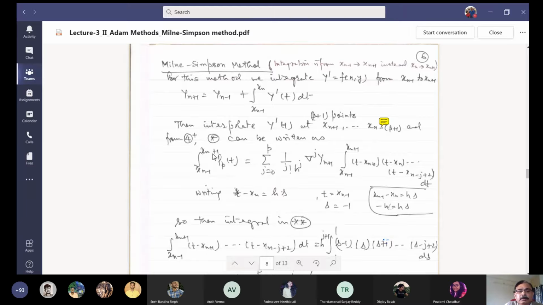So xn minus 1 to xn plus 1 is integrated, and as you know, we have written the approximate polynomial of degree p, and the general formula can be written in the summation form, summation j running from 0 to p.